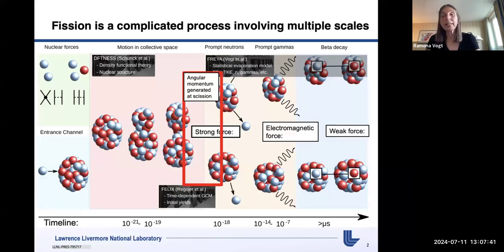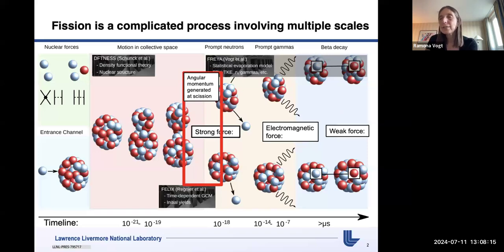And the most efficient way that they can lose their energy is by emitting neutrons. So the first thing that happens is the prompt neutrons are emitted, and then when there's not enough energy anymore to emit neutrons, then photons get emitted, and you get down to more or less the ground state of the nucleus at that point. But then it's still subject to weak decays like beta decay and so on.